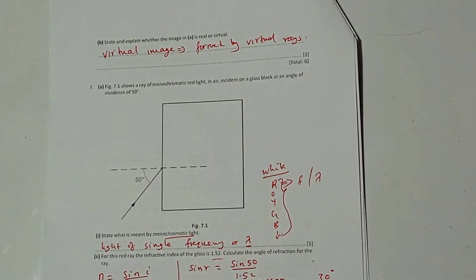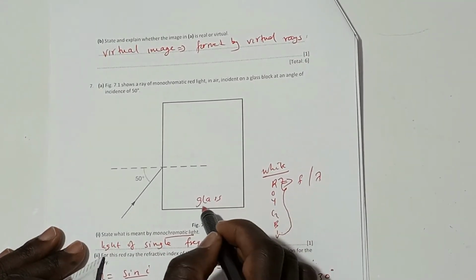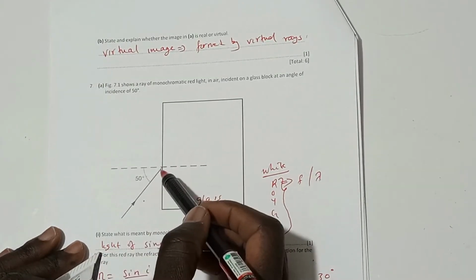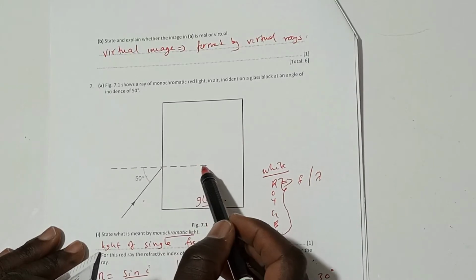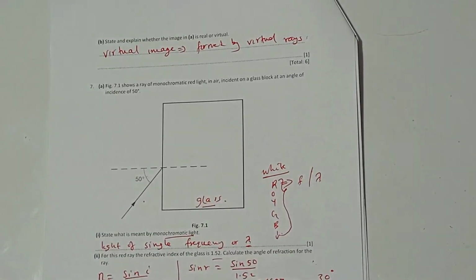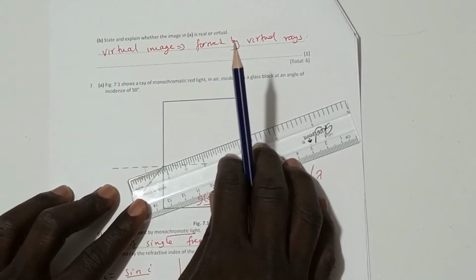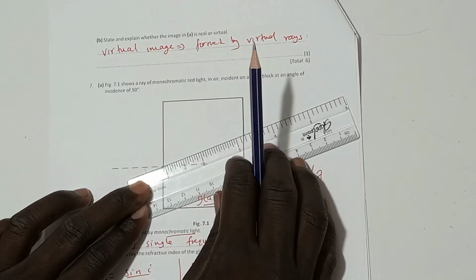Our expectation is this. This is glass. Glass is optically denser than air. So we expect this ray of light to be refracted towards the normal, such that the angle of incidence is greater than the angle of refraction.